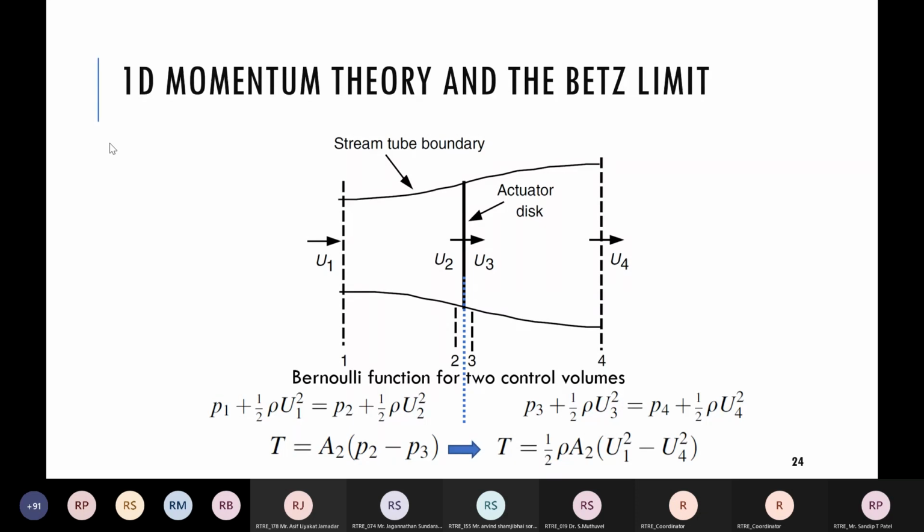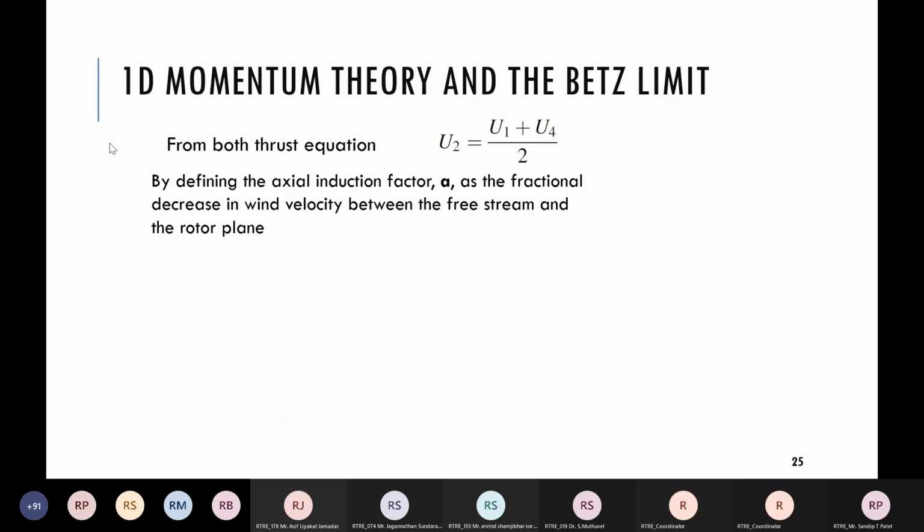Now from both equations, the conservation of momentum and Bernoulli, we get the relation U2 is equal to U1 plus U4 divided by 2. Let's assume an axial induction factor a equal to U1 minus U2 upon U1. By substituting these two equations, we get U4 equal to U1 times 1 minus 2a.